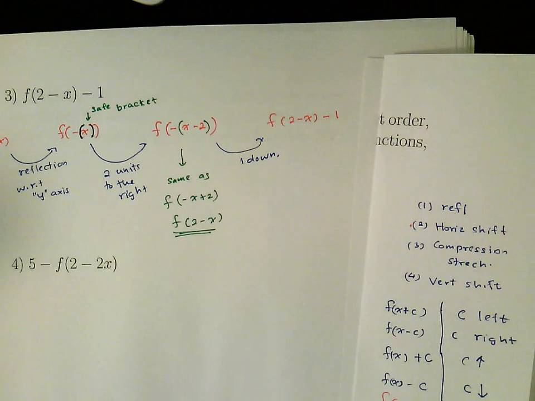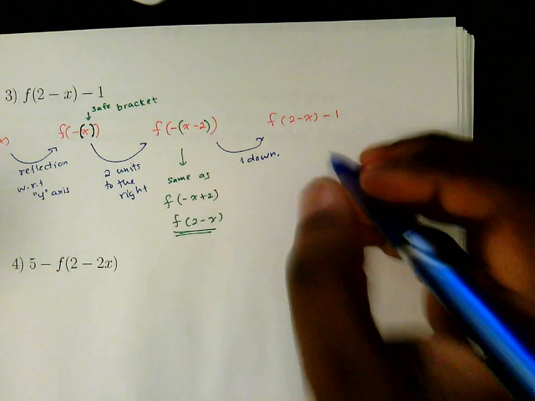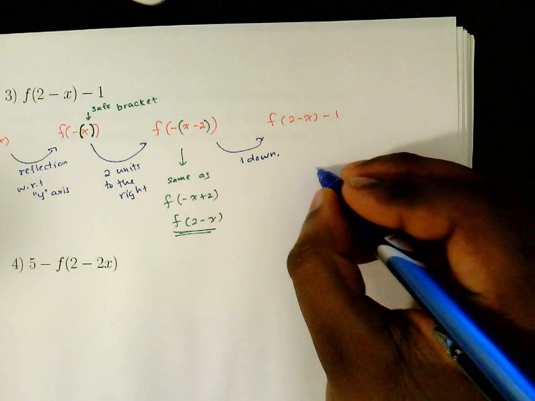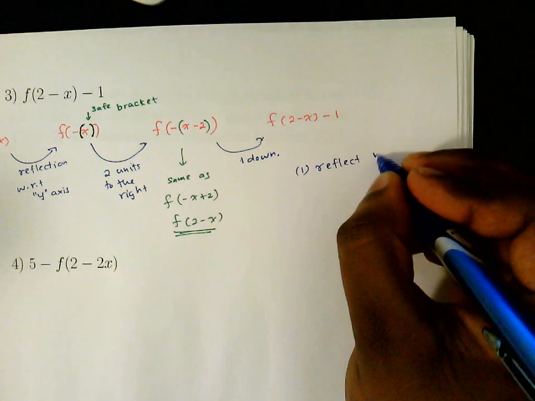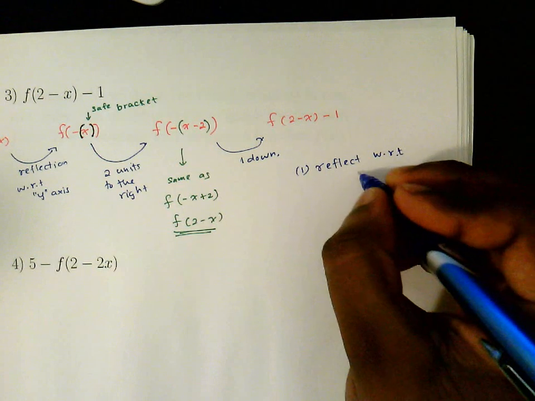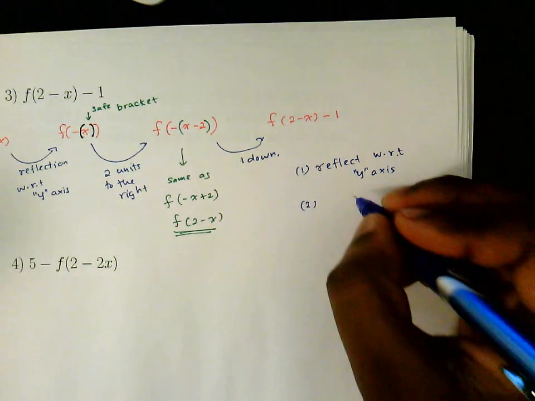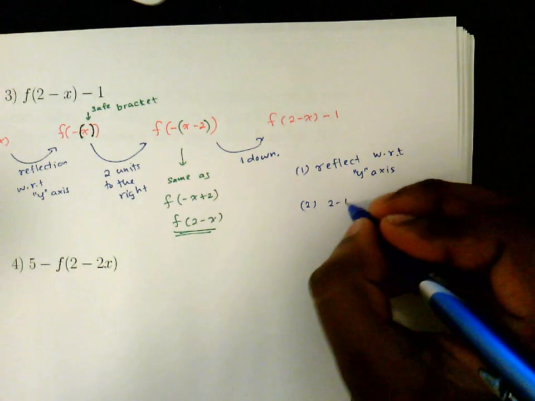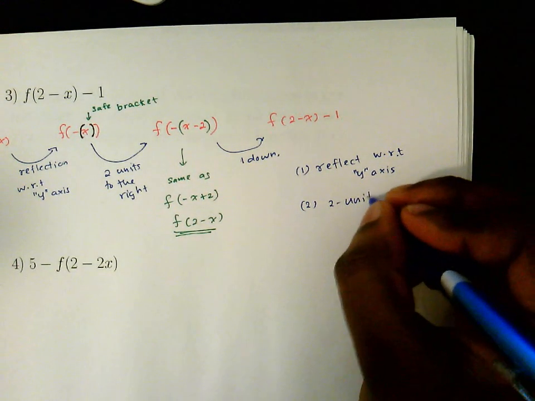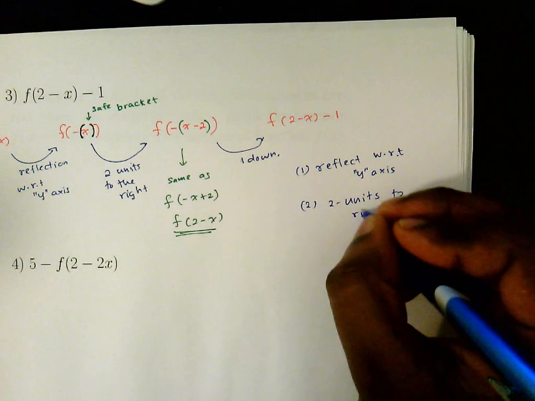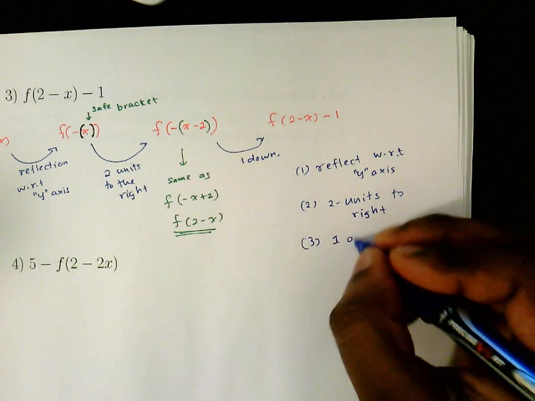So let me just write down the correct set of transformations. First one is reflect with respect to y-axis, then 2 units to the right. And lastly, one down.